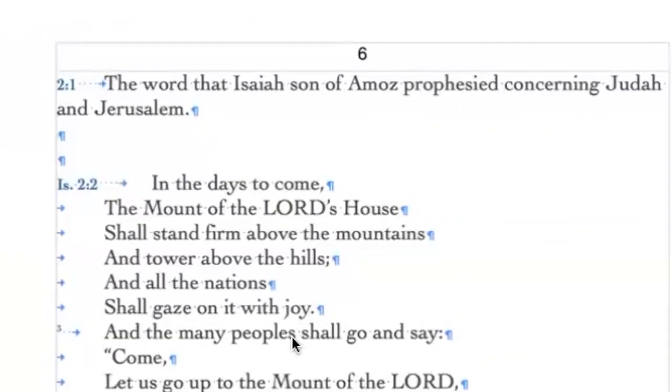We're now in chapter 2, and as you see right away, it sounds like it's the beginning of a book, right? Because we have a superscription, and typically superscriptions in the prophetic works indicate the beginning of something. Now, in this case, you could find different superscriptions here and there. Obviously, the individual Psalms all have them, almost all of them.